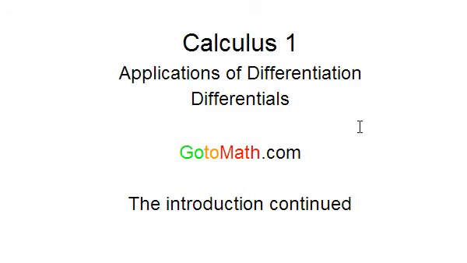Alright, this is basically going to be a continuation of the introduction on differentials. So we're going to draw some pictures now. Hopefully I can draw us up a picture and we can make sense out of what it is. By remembering what our graph looked like in the previous example that I had worked, I'm going to go ahead and just draw part of a curve here, and we'll draw it up something like that.